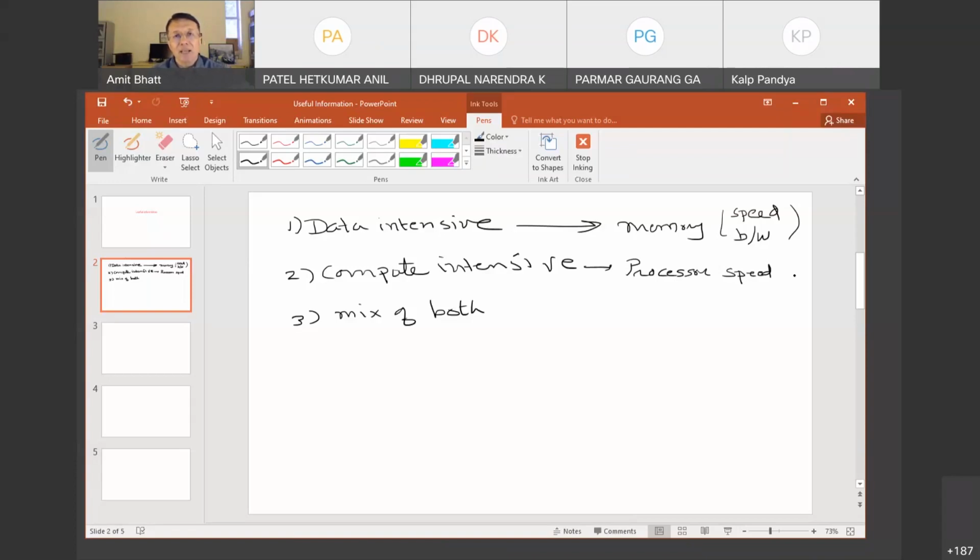Another application would be image processing. When you take a picture through your camera, it could be your mobile phone camera or a standalone camera, a massive amount of data would come in, and then your processor has to do some kind of processing on it. The faster it processes, the better results you will get, because it has to do some enhancements.